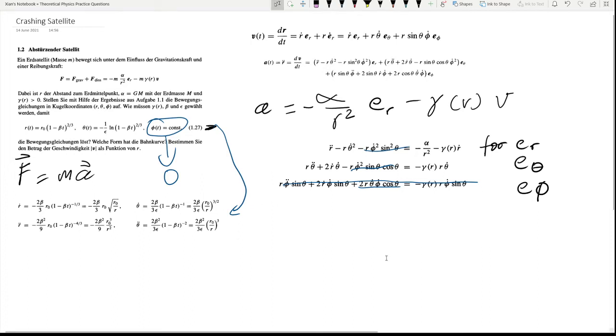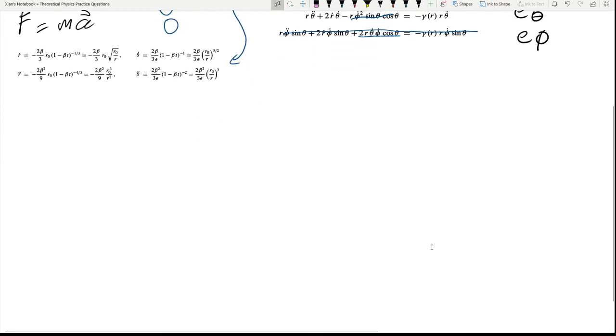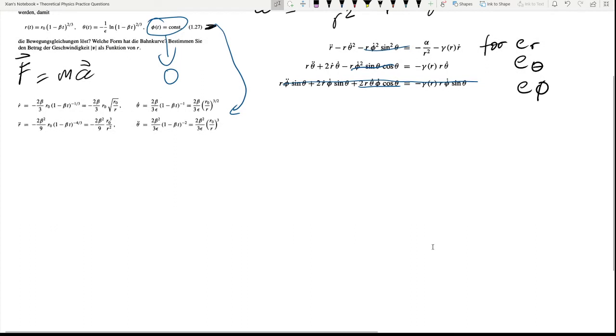Let me scroll down a bit so we have more space. Rewriting it, we have this.